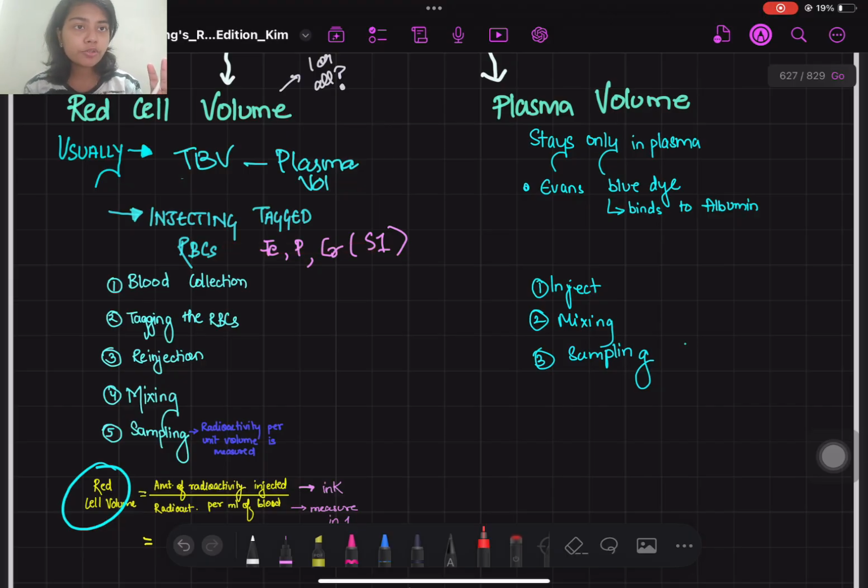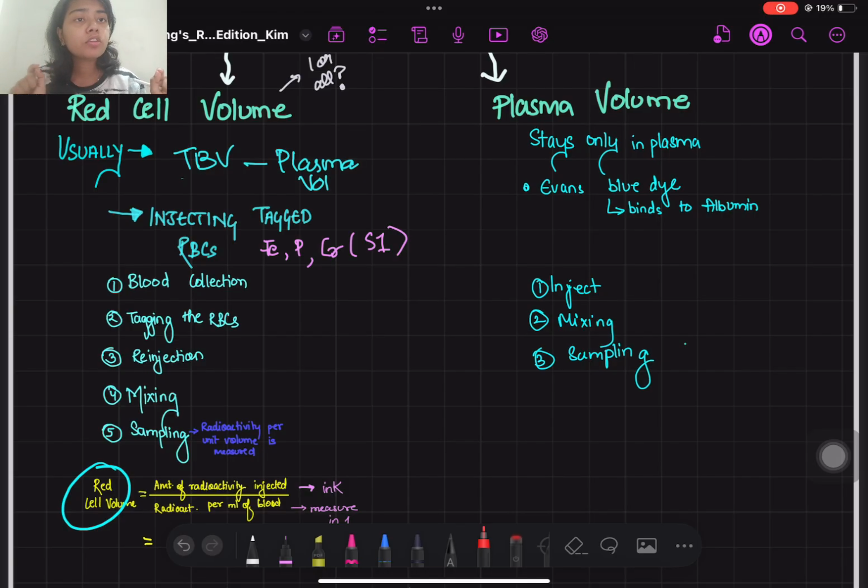The second method you can use is injecting tagged RBCs. First I want you to think of an example: ink. You are putting ink in a mug. Suppose a bucket, and you don't know how much water is in the bucket. You're putting in ink whose amount you know.